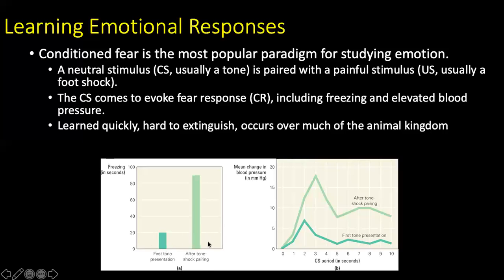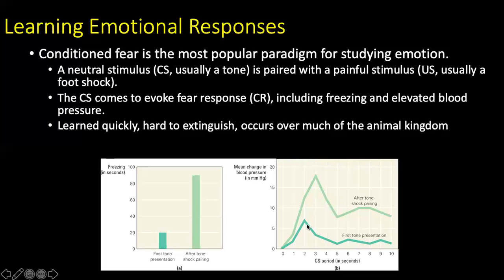But doesn't really have any particular association with it at that point. But then after it learns the pairing with the shock, right? In this case, 4 times as long freezing duration following that. We see similar with change in blood pressure as well, right? So this is an example of a given trial, right? First time the tone's presented, blood pressure does change a little bit, just in conjunction with that freezing response.